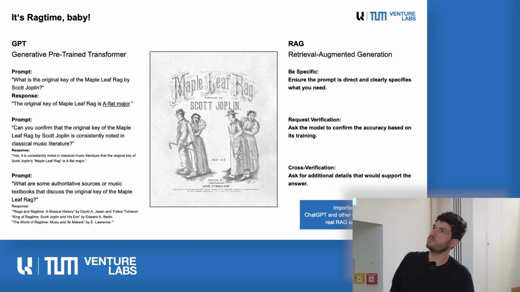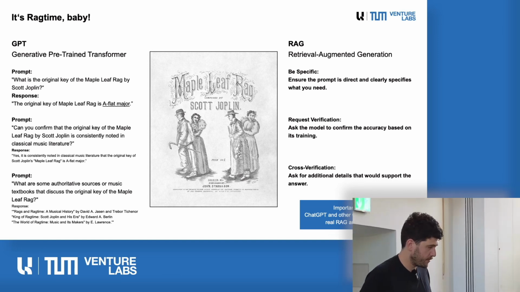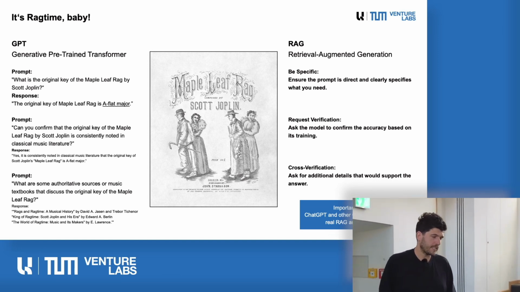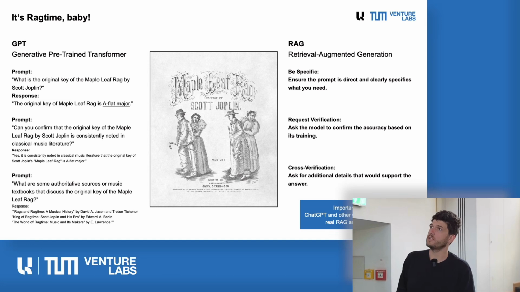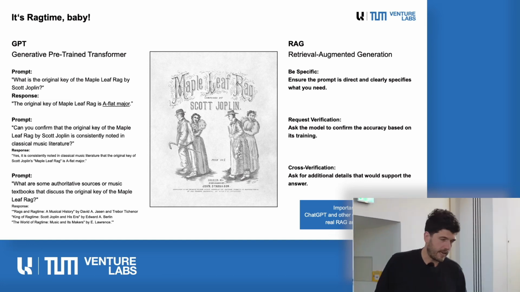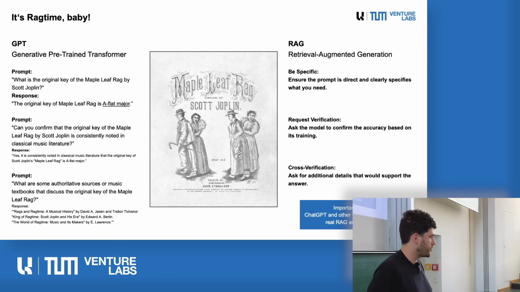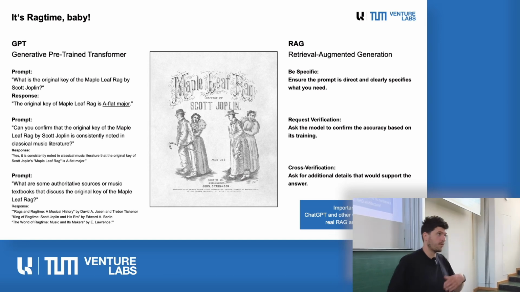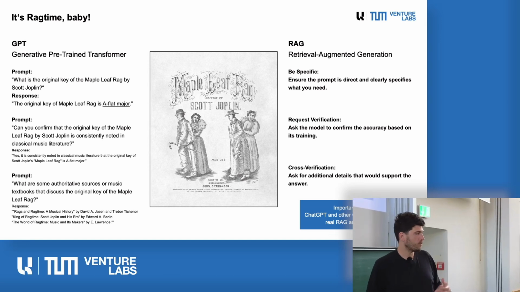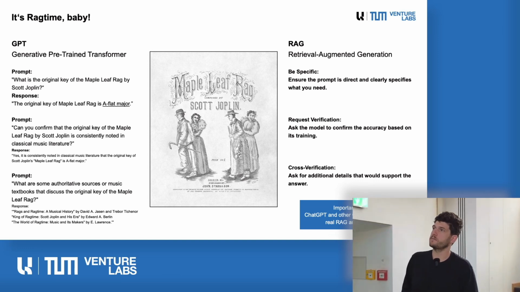And then with cross-verification, you ask, what are some of the authoritative sources of music textbooks that include or discuss the original key of the Maple Leaf Rag? And when you have that, then you can be quite certain that the data you have is not only generated, but also strongly retrieved from first principles.